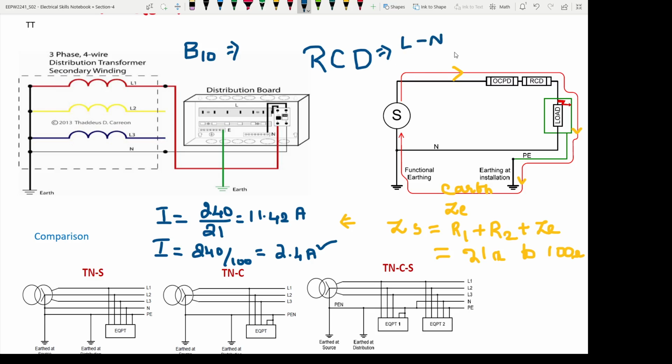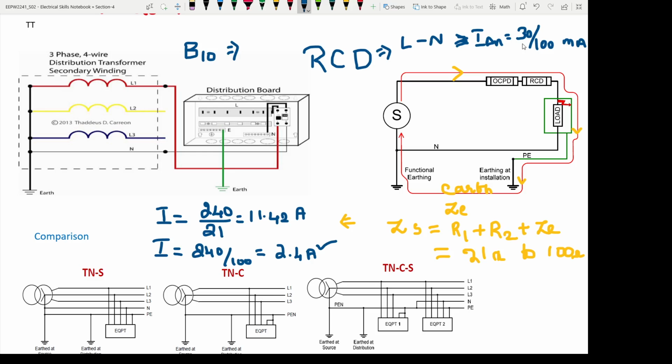If the difference between the line and neutral current exceeds the I delta n value, which is usually 30 or 100 milliamperes, the RCD will trip immediately. So, in case of TT earthing, RCD is very essential, it is a must.